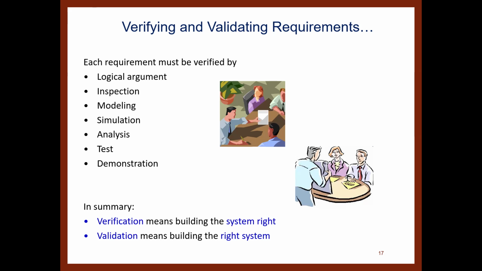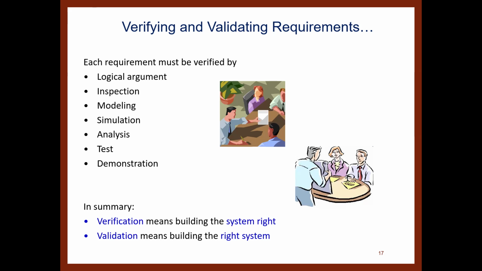So verification is basically saying that you're following the steps the right way, independently of the result, right? You verify this is what I did, and I did everything the right way, and this is the final product. But maybe at the end, that final product is not the right system. It's not doing what it's supposed to do. But you verify and make sure that you followed the right steps.